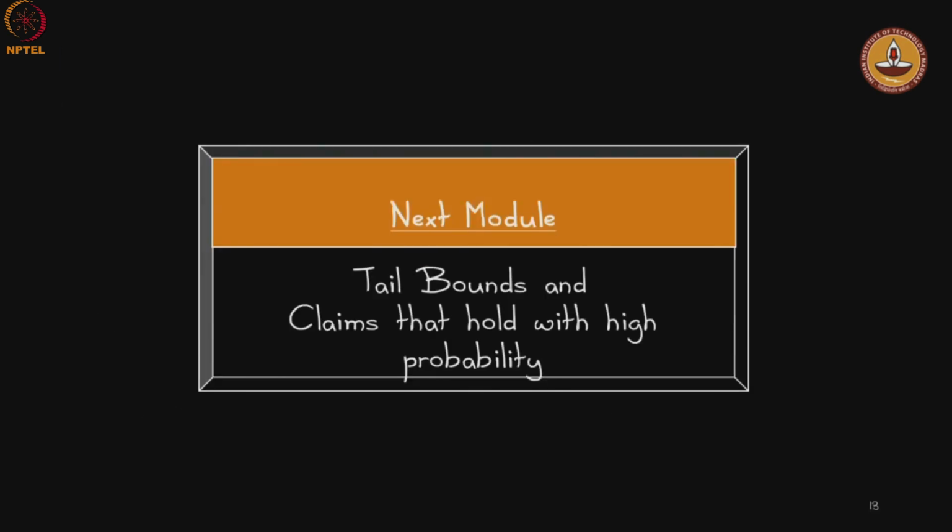We will not just go away from expected time analysis, which is also important, but we will also try to make claims that hold with high probability, and we can actually make it arbitrarily high, so that with high probability the running times will be good enough for us. That will be the focus of the next modules. Actually, not just one module, it might spill over into multiple modules.